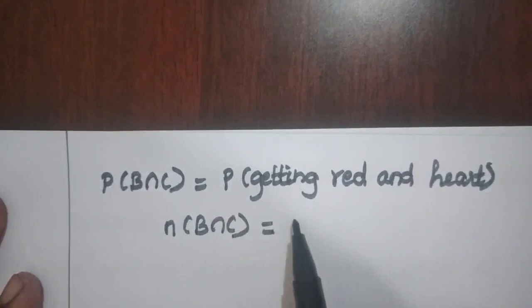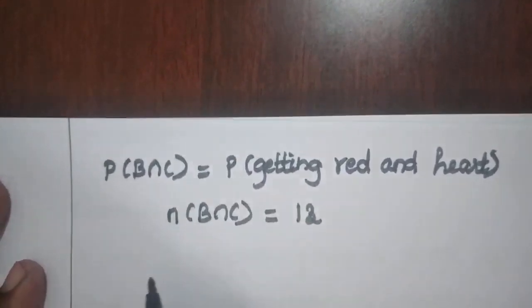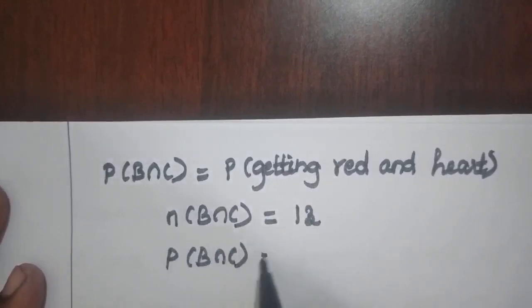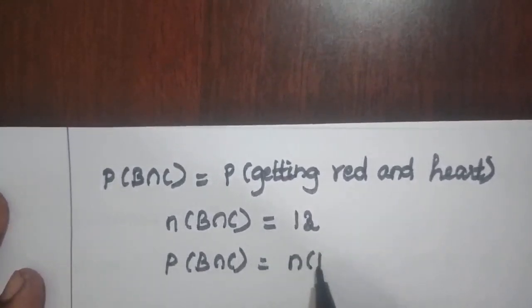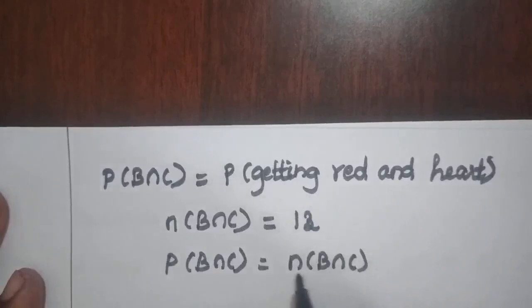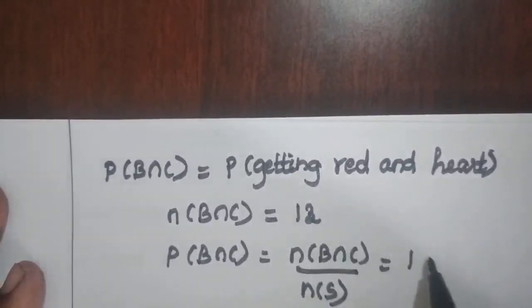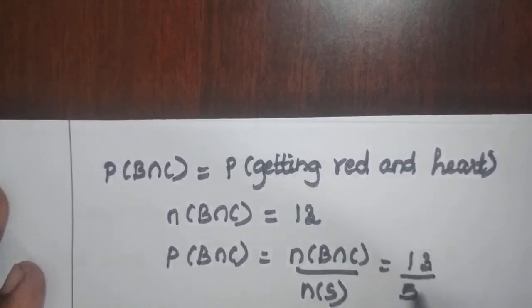Which is equal to 13. So now we have to find P of B intersection C is equal to n of B intersection C divided by n of S. Now substitute the values here, 13 by 52.